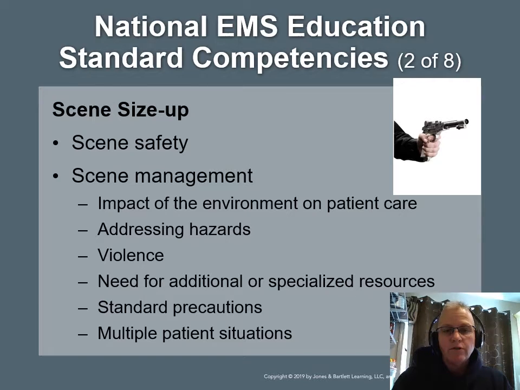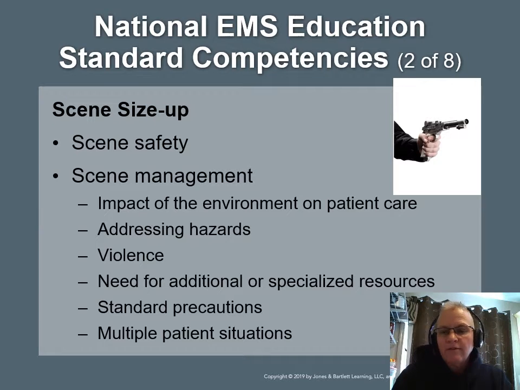Okay, we're still going through some of our competencies or objectives, but when we talk about the scene size up, we're going to talk about safety of the scene, and if it's not safe, we need to either make it safe or call people who can make it safe. So we're going to look at things in the environment, like cold, humidity, ice, rain, those kinds of things that will affect our patients.